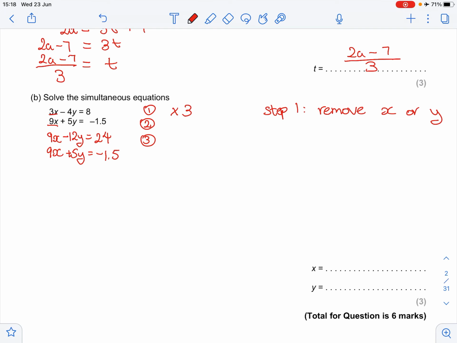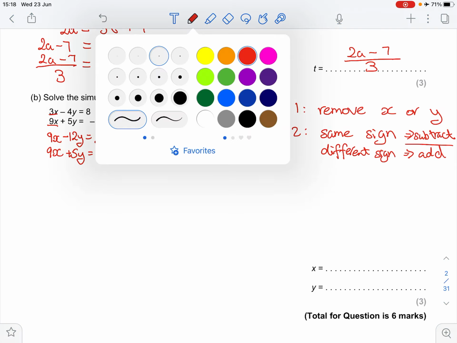Then the next step, step 2: if the variable x has the same sign, we're going to subtract. And if they have different signs, we're going to add. As we can see here, 9x and 9x are the same sign, so we're going to subtract the two equations.